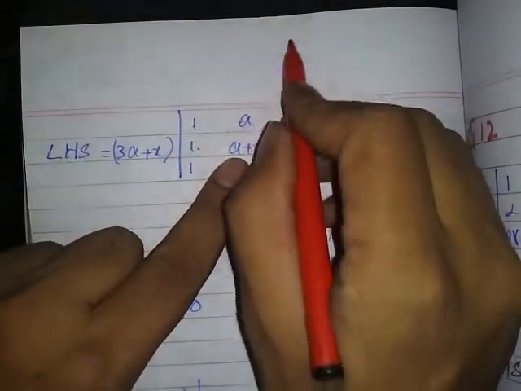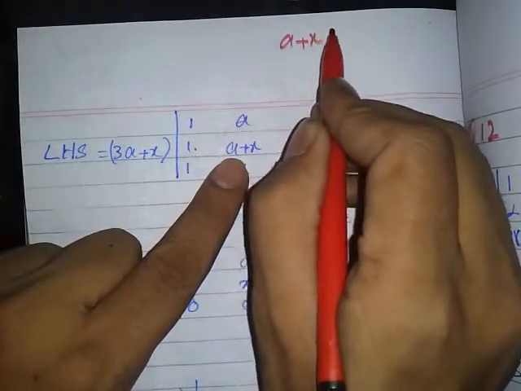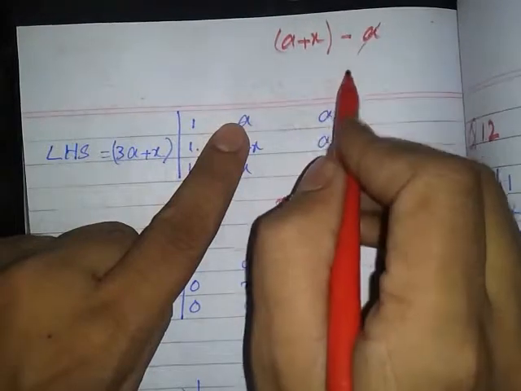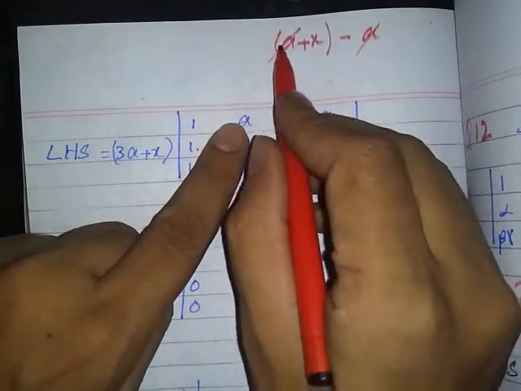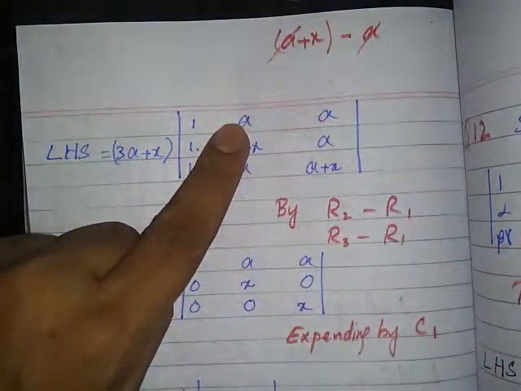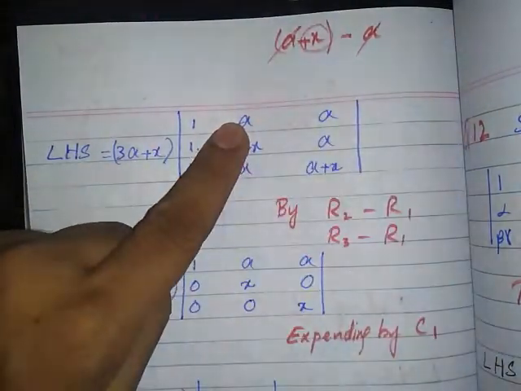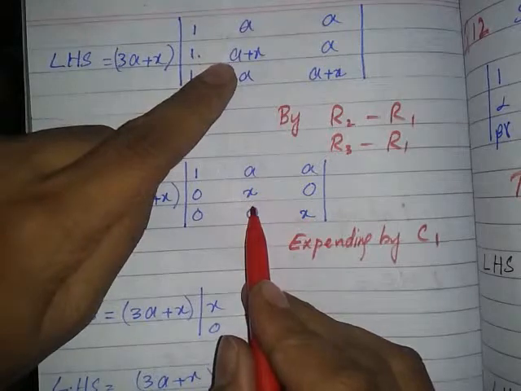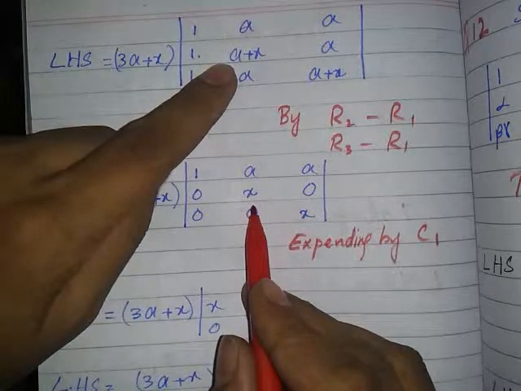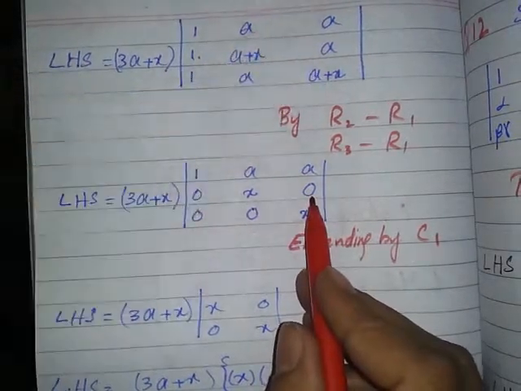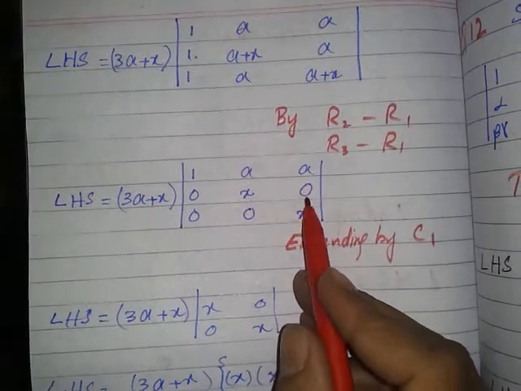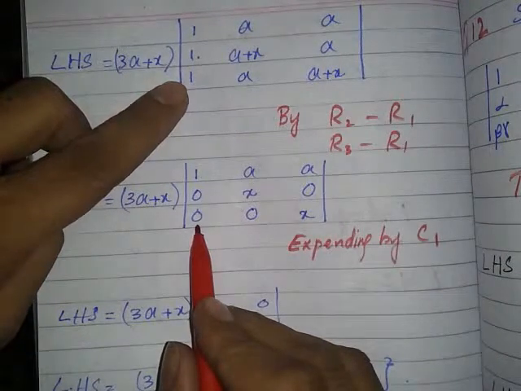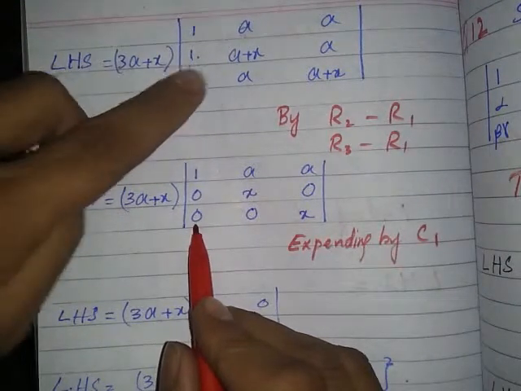Row 2 element is a plus x minus row 1 element is a. This a can be cut with this a because of the different signs. Remains only this x. In the same way, a minus a is 0.